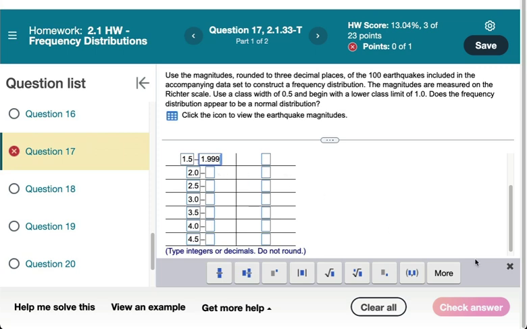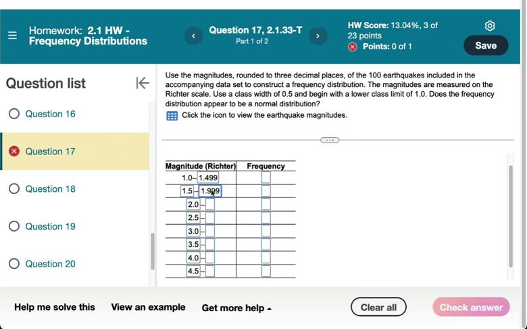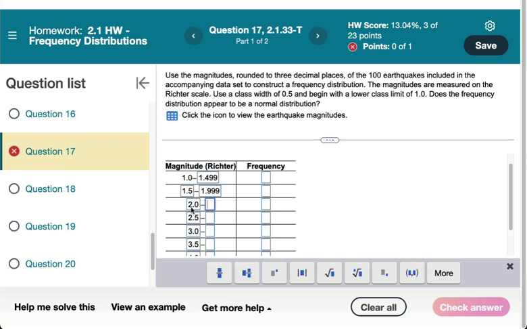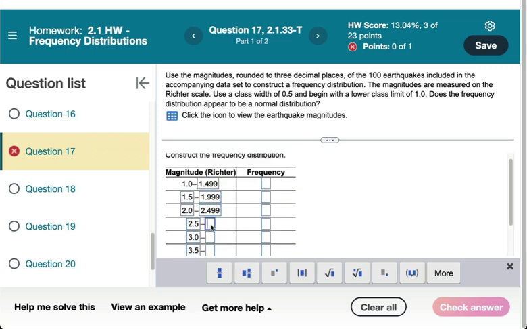So we can expect our upper limits now to alternate from a 0.499 to a 0.999 type thing. So 2.0 is going to go, our next class is going to start at 2.0 and go to 2.499 now, because that's just under 2.5.